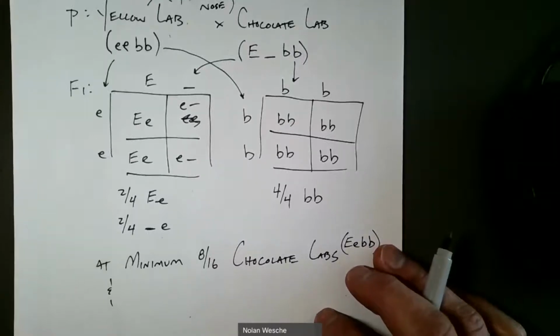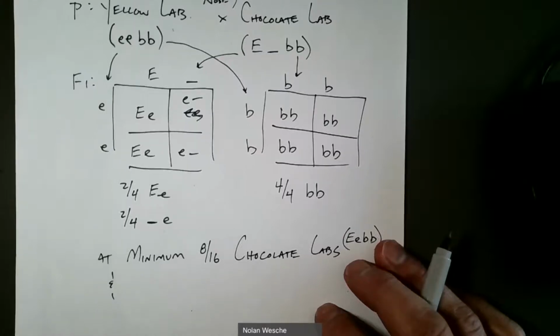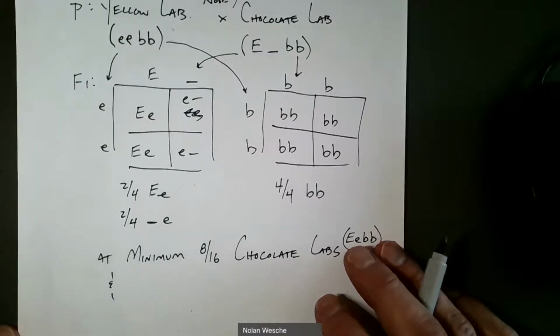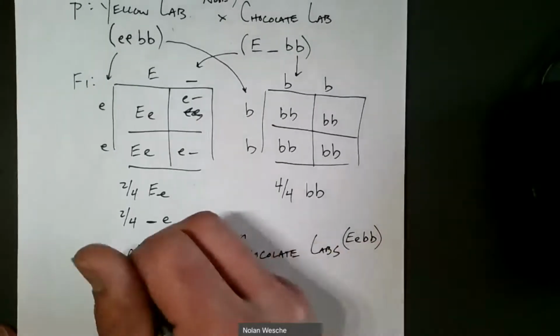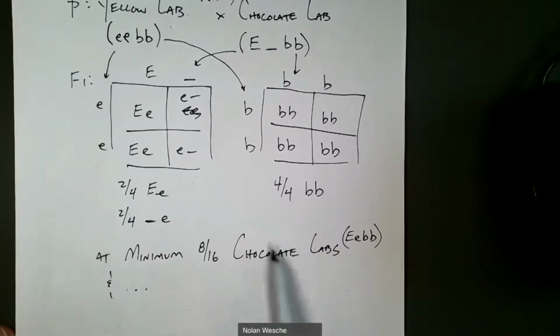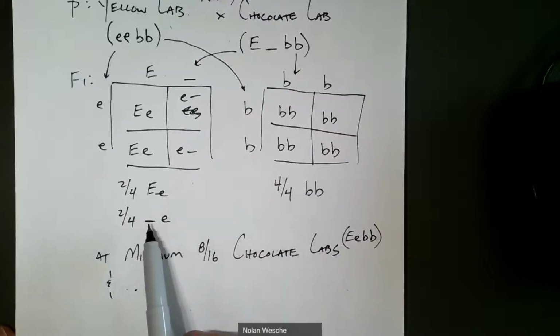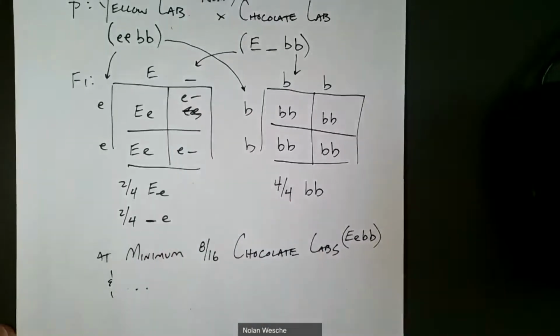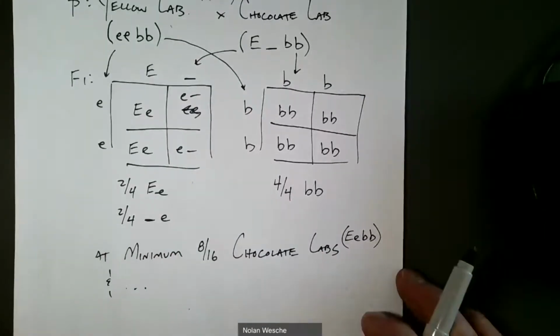If we only had 2 or 3 puppies, it'd be harder to make those conclusions. If we had a bigger litter, it would be easier to figure that out. Because again, if we see a yellow lab in the offspring, we would know what this is. So we're just going to leave that for now.